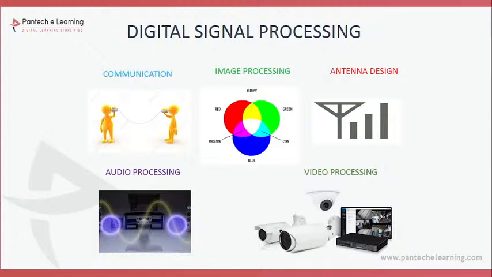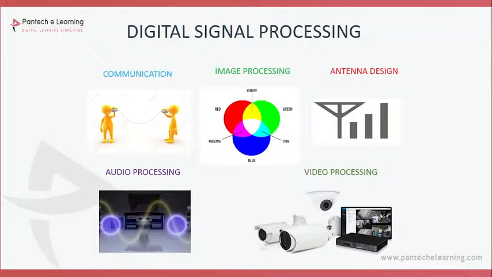Okay, then what is a signal now? Now we know what the importance of digital signal processing is, right? So before knowing about digital signal processing, what is a signal? Okay, we must know about it, right? So anything that carries information can be called a signal.